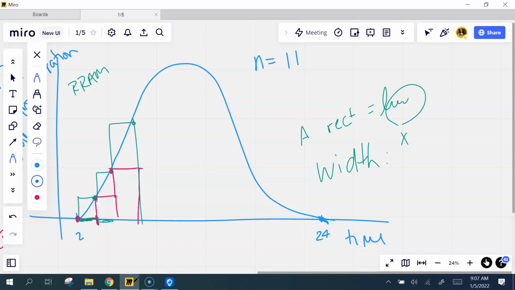Let's do the x max minus the x min divided by your n, which is your number of intervals. So for the one we're doing, we're going from 2 to 24 on x, right? So 24 minus 2 is 22, divided by 11 would be 2. So my width for all these is 2. Does that make sense?